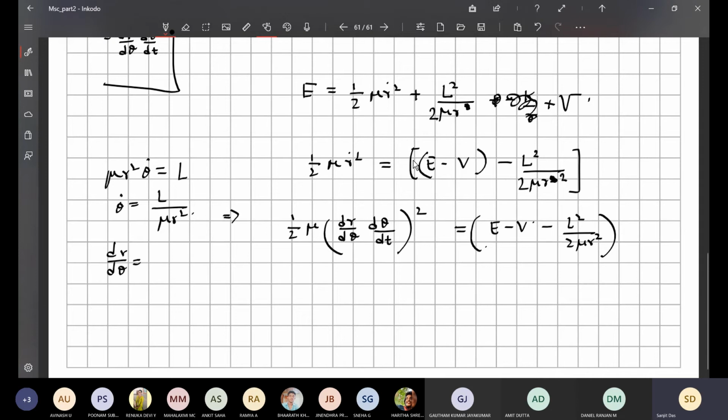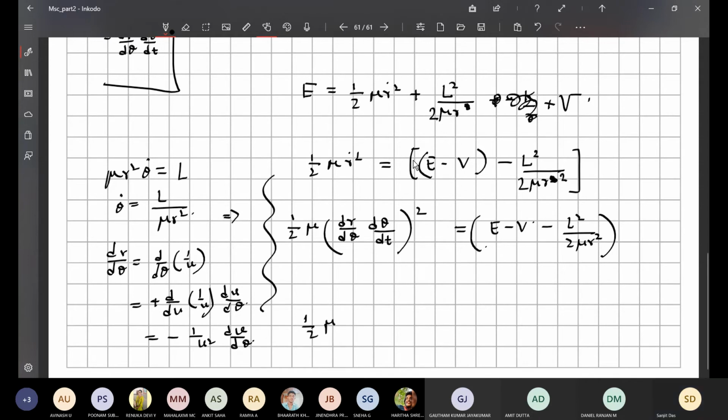dr by d theta is nothing but d by d theta of 1 by u. So I can write it as d by du of 1 by u times du by d theta, which will give you minus 1 by u square du by d theta. And the moment I square it, it will come as half mu as it is, dr by d theta square, which is 1 by u to the power 4 times du by d theta whole square.